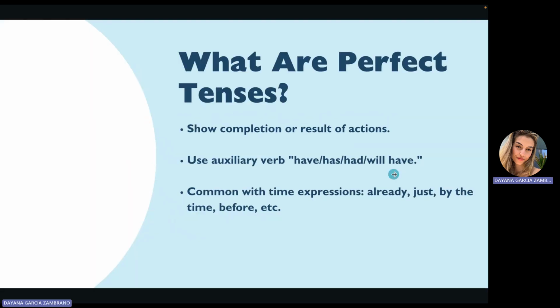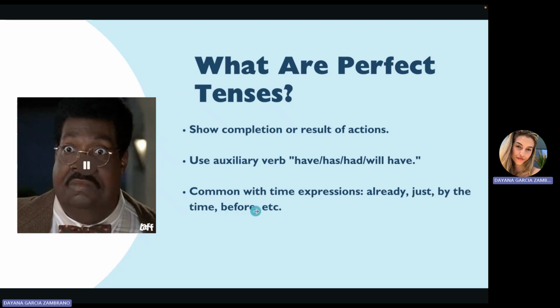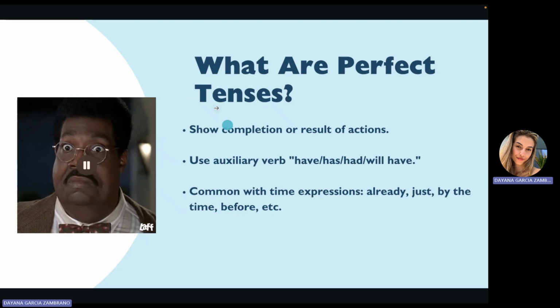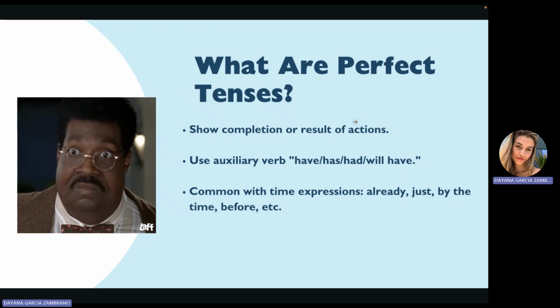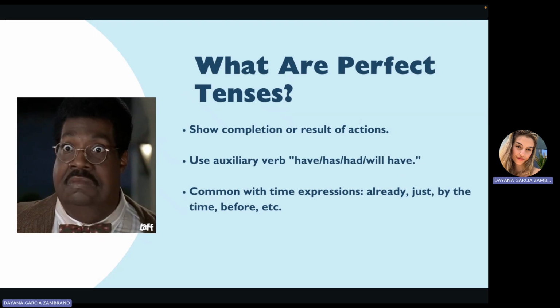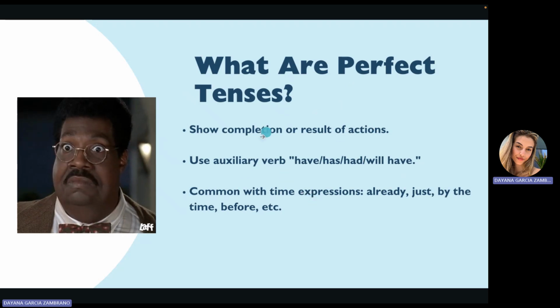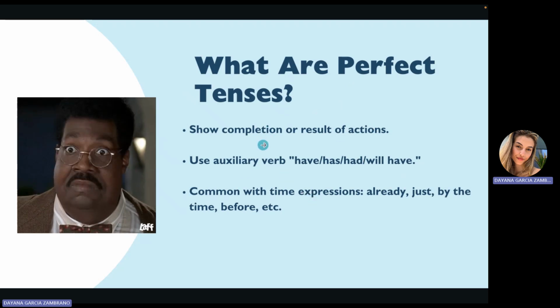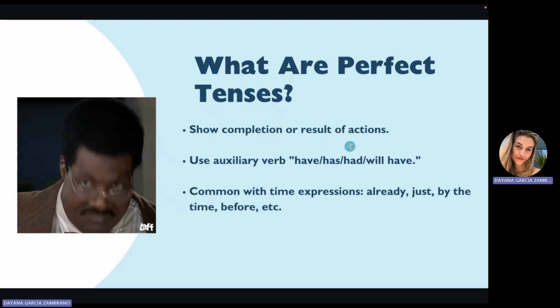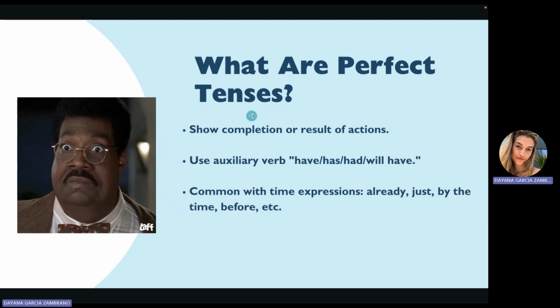Then comes the topic explanation, where I ask the student first what perfect tenses are or what they know about them. So I explain to them that we use them to show a completion or a result of any action.